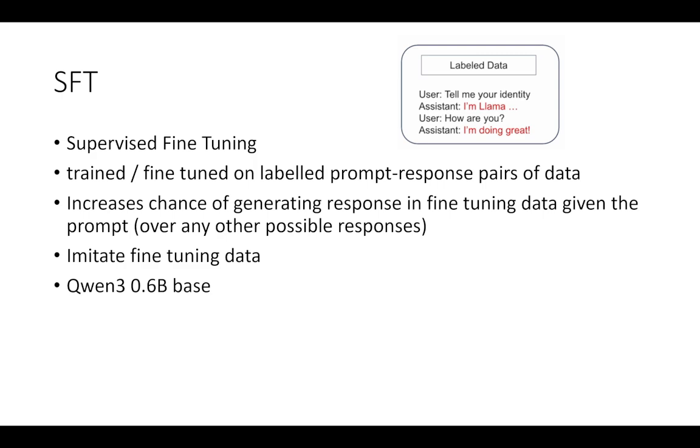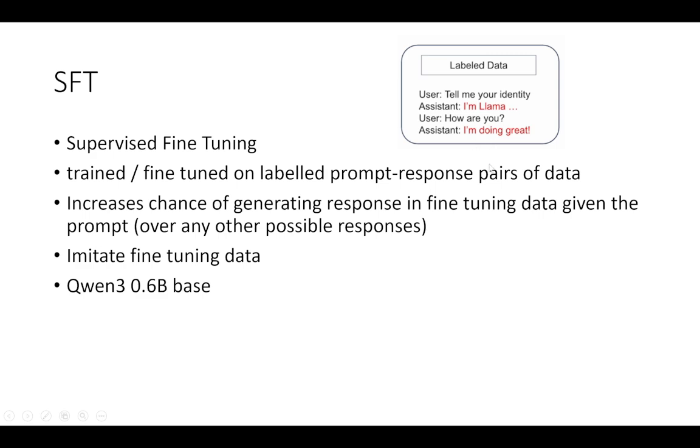So if you have some model that got fine-tuned with such labeled data, and some user says "tell me your identity," very likely it will reply "I am Llama." If someone says "how are you," it's very likely going to respond "I am doing great."